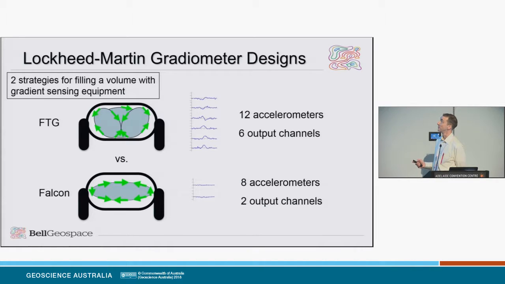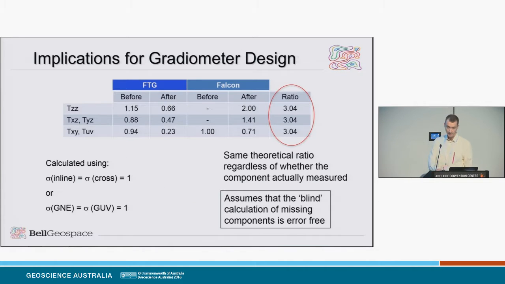So we have two strategies for filling this volume with gradient sensing instrumentation. The FTG strategy is to put 3 sensors in there and orient them at an angle from the horizontal. And the Falcon strategy is to fill that space with one big one and keep it horizontal. So 12 accelerometers versus 8, 6 channels versus 2.